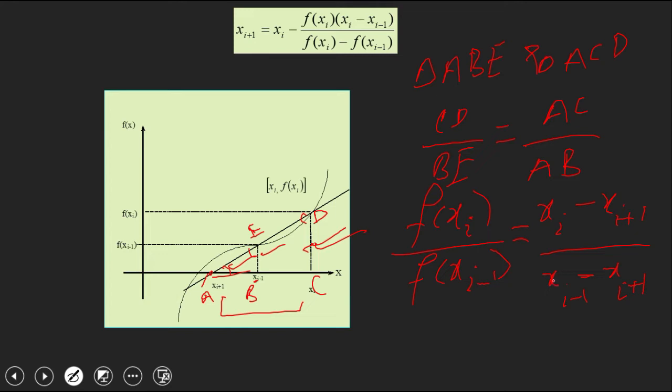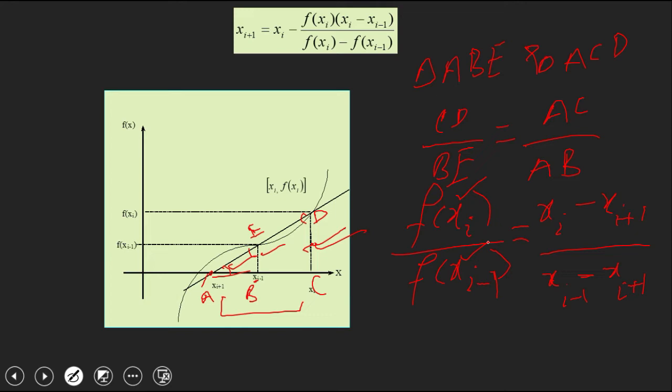So here, as we know, we have taken the initial guesses xi and xi minus 1. So these two points are known. These are our initial guesses, as we found for the bisection method. Through these initial guesses, we can find f of xi and f of xi minus 1 as well.